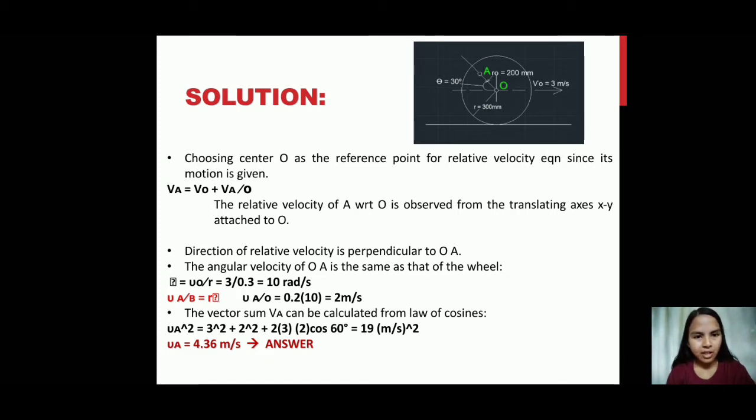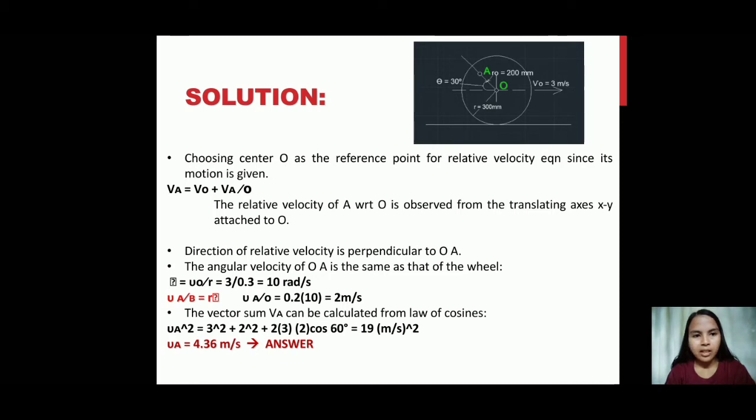Then the direction of the relative velocity is perpendicular to OA. Thus, the angular velocity of OA is the same as that of the wheel. To calculate the angular velocity, we just divide its velocity over its radius.